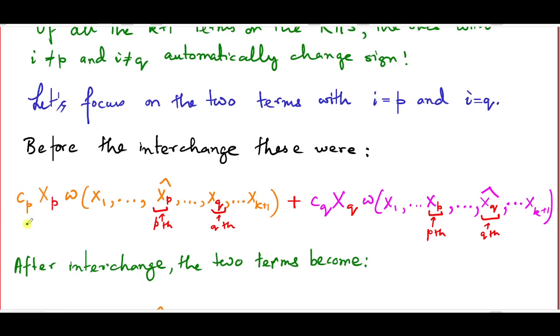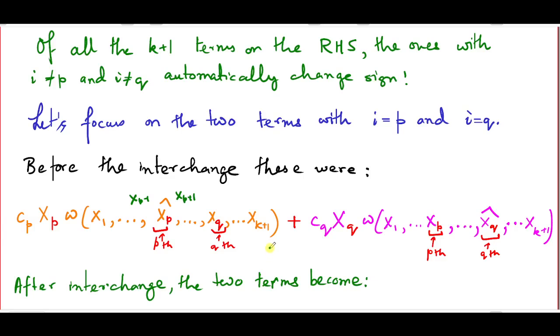Of course, before the interchange, you had cp times xp acting on omega, x1 through xp minus 1, xp plus 1 with xp dropped from the pth position. So xp plus 1 really is in the pth position here. And then all the way up to xq. Here xq is in the argument list, xp isn't, xp is sitting outside. Note that strictly speaking, this really is not in the qth slot here as an argument for omega. This was in the qth slot in the entire argument list that d omega had.